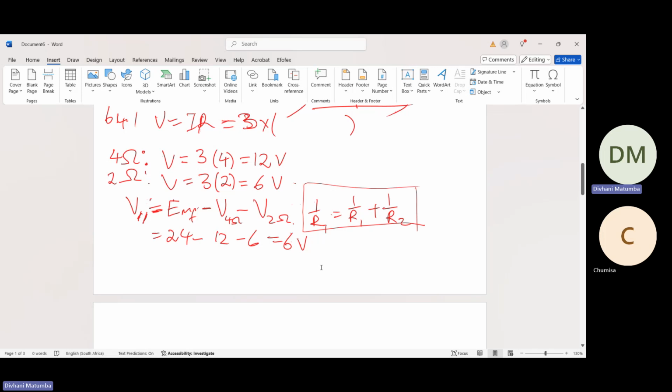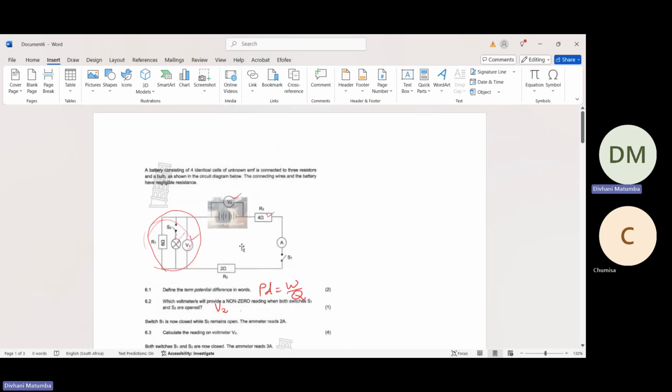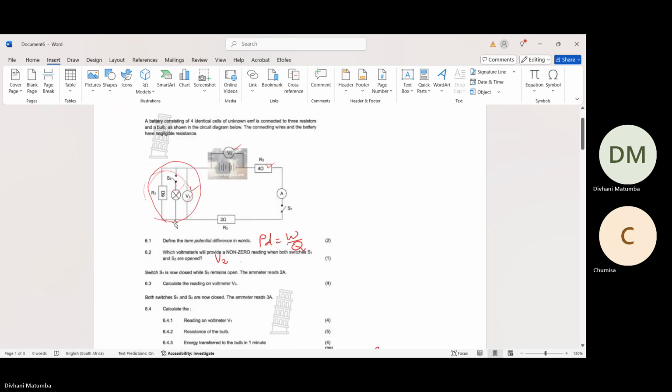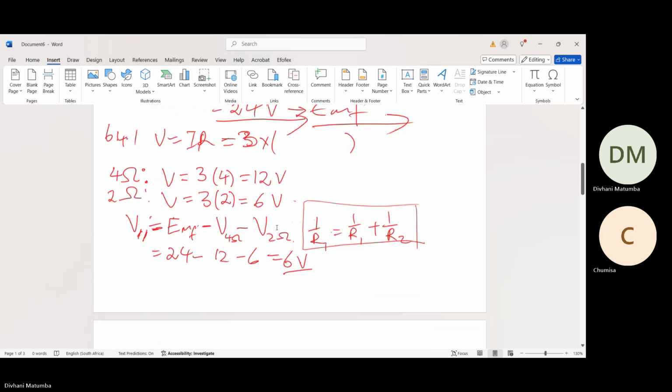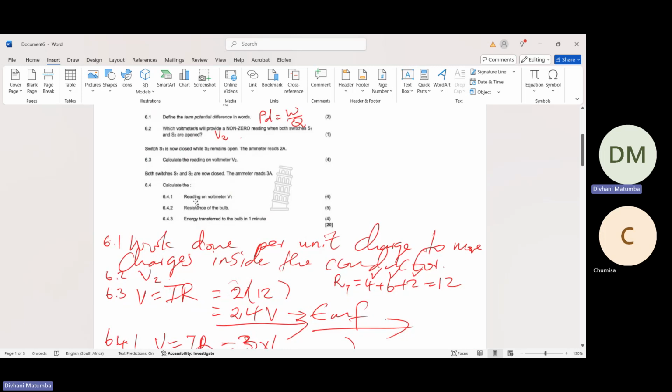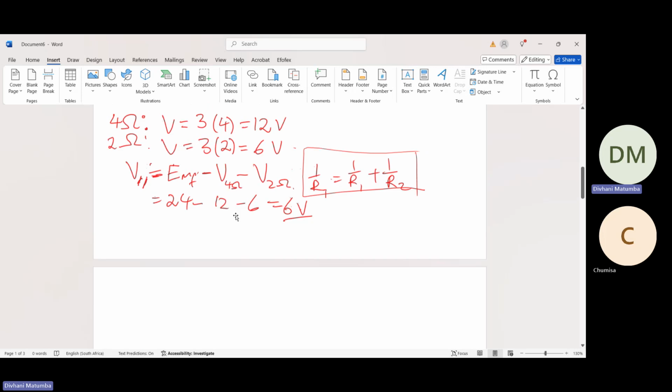Now, given that we know how much our parallel connection will consume, which is 6 volts, how can we calculate the resistance of an unknown bulb? Because the question said calculate V1. We have already calculated V1, right? So we are done with the previous question.